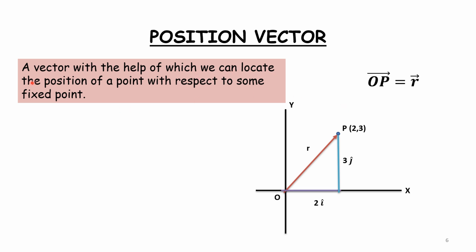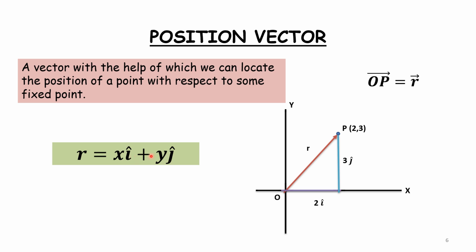Now what is meant by this? A vector with the help of which we can locate the position of a point with respect to some fixed point. Fixed point means origin. If I want to locate this point with respect to a fixed point, I need to make a vector from the origin, the fixed point, to that point, and with its help I can calculate the values along the x-axis and y-axis and make an equation.